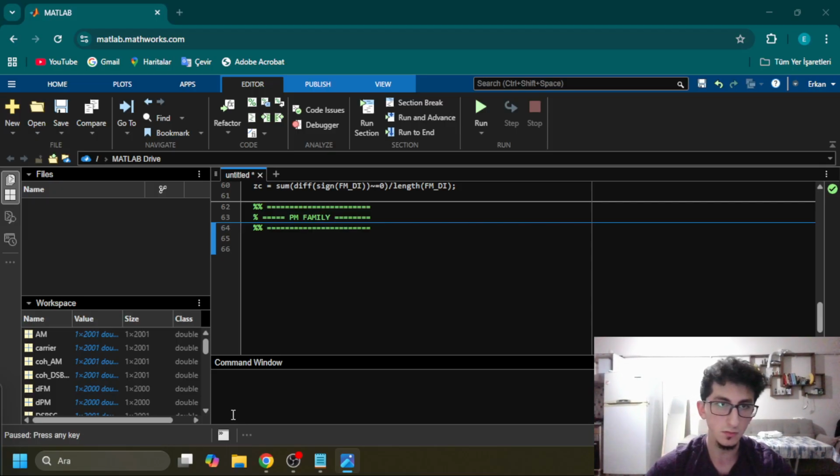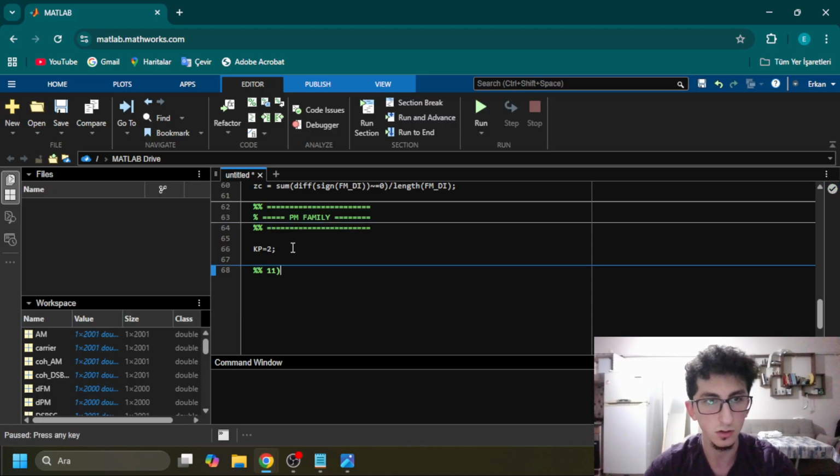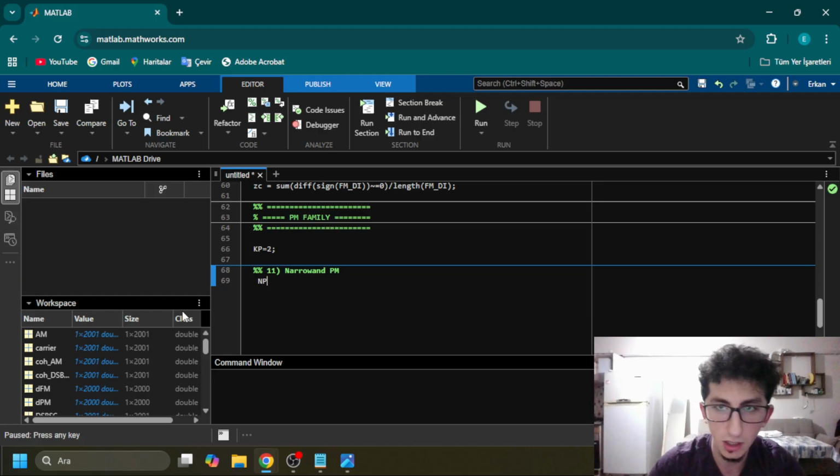So I'm gonna make this definition in here, KP equals 2, and the first one is gonna be our message, narrowband PM. So we need to make this code clear, so I'm gonna write this definition.